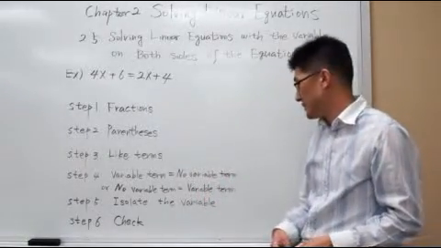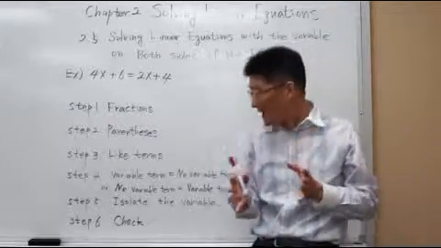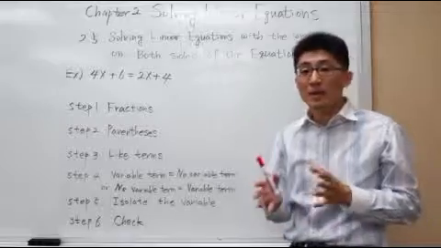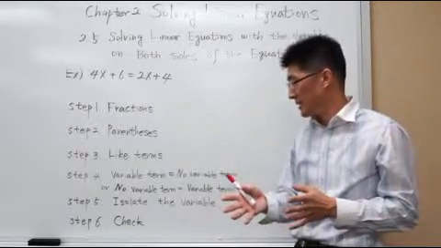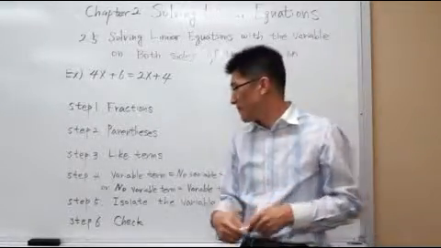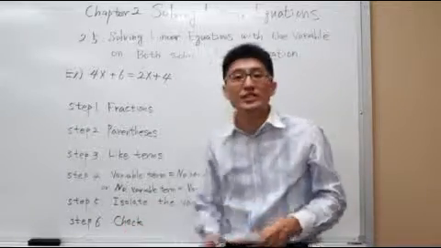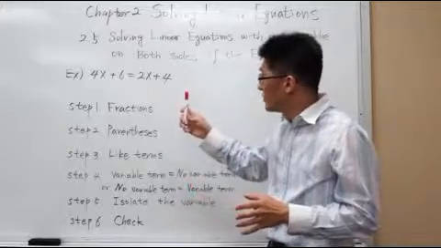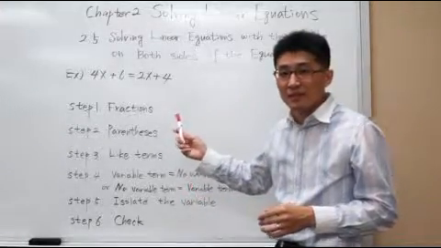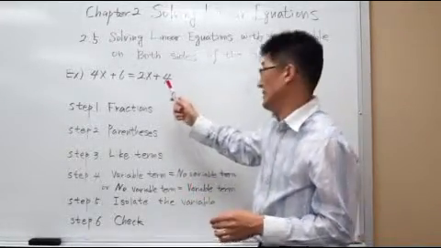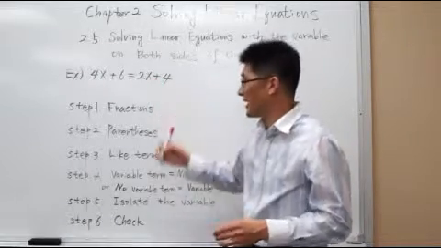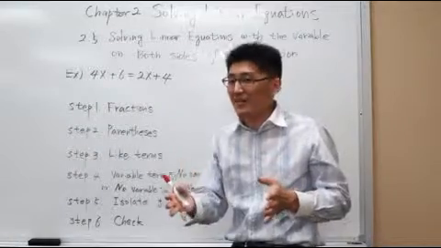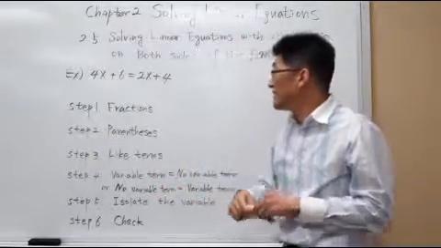The fifth step is to isolate the variable by using the multiplication property. And the last step is to check. Once you get the solution, plug it into the original equation to verify the solution.